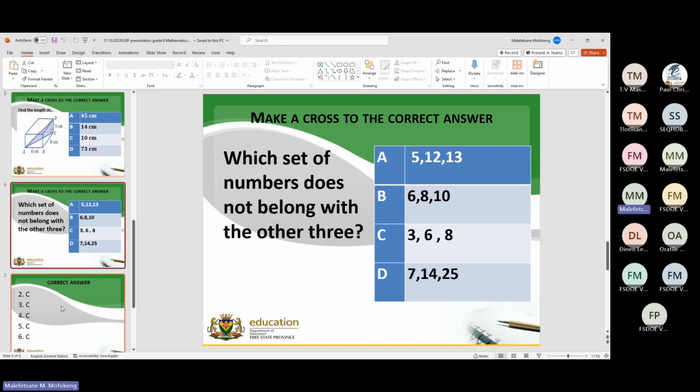Which one is not a Pythagorean triple? We have 5, 12, and 13. We also have 6, 8, 10. And we have 3, 6, and 8. And last, we have 7, 14, and 25. Which one among the four does not belong to the other three?